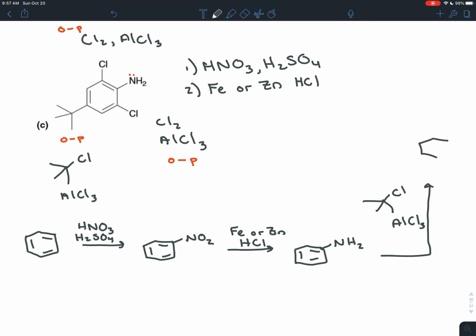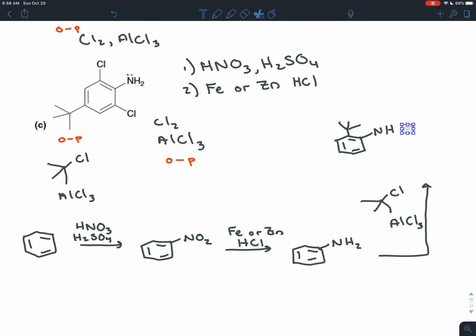So it'll almost entirely add to the para position, because the ortho positions are so crowded. You might get a small percentage of the ortho product, but it's going to be a really small percentage. So almost all of your product will be the para product, which is the product we want.